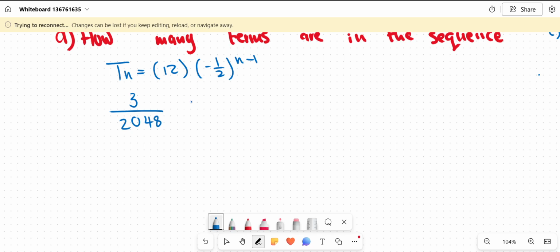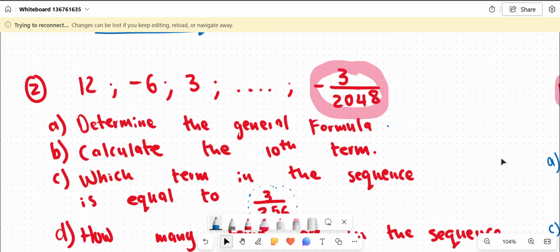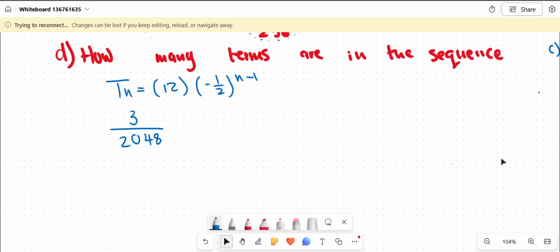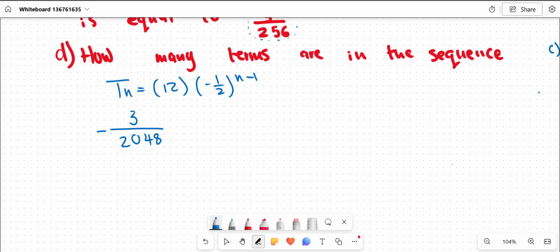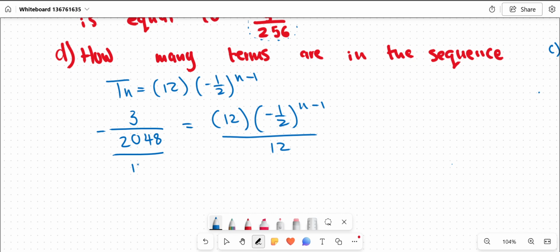I think it was 2048. Let me just double check. Yes, negative 3 over 2048 is equal to 12 times negative a half to the power of n minus 1. Again, you divide both sides by 12, and if you simplify, this side will just be negative a half to the n minus 1.